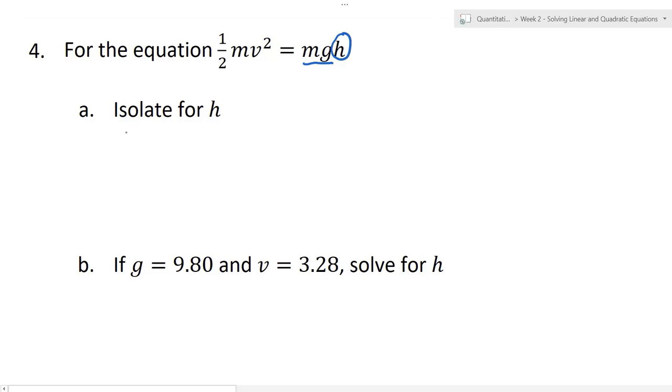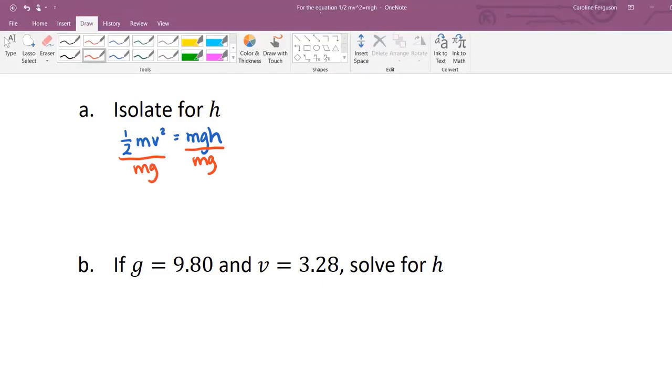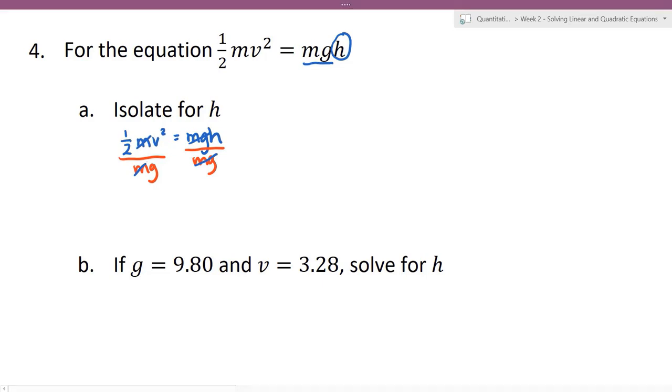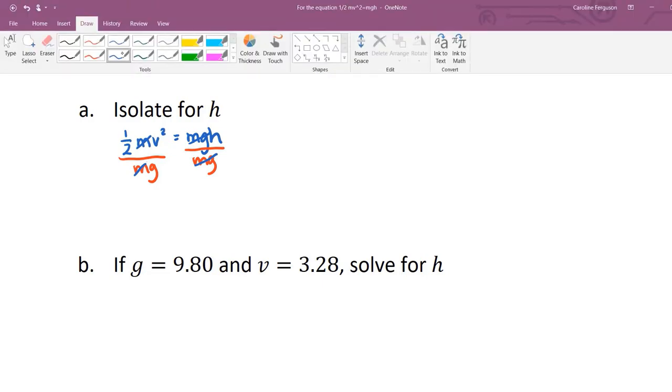So I'm going to start by just rewriting the equation. 1/2 mv squared equals mgh. And I'm going to divide both sides by mg. So what happens? The m and the g cancel out on this side so that h is on its own. And on the left side, the m's cancel out. So what are we left with?